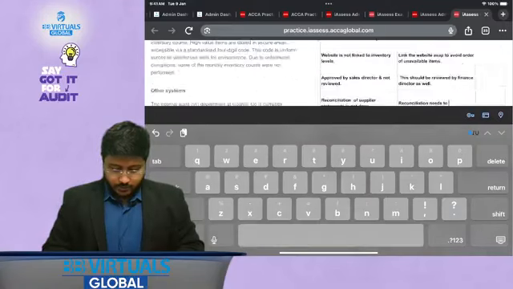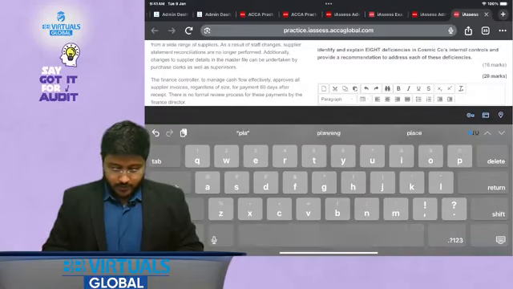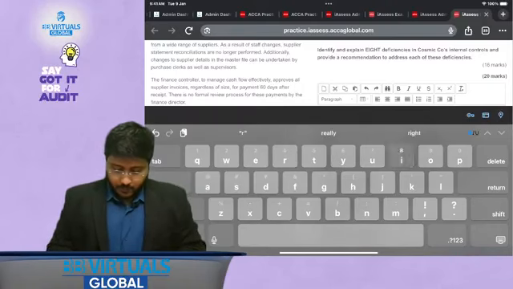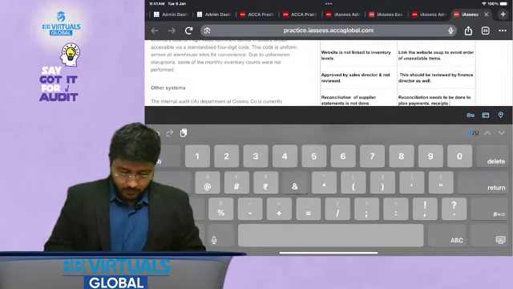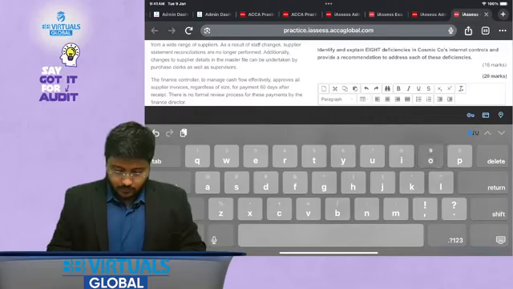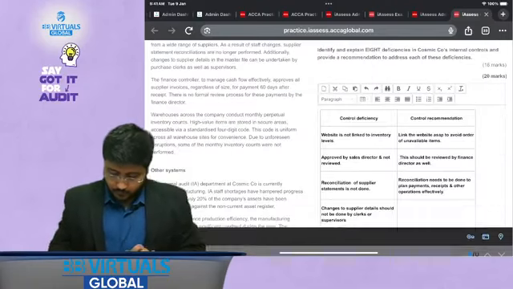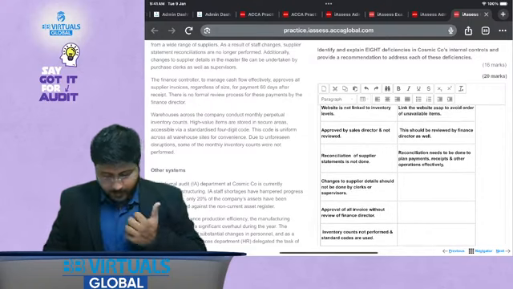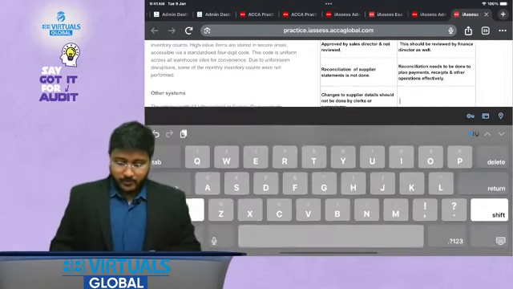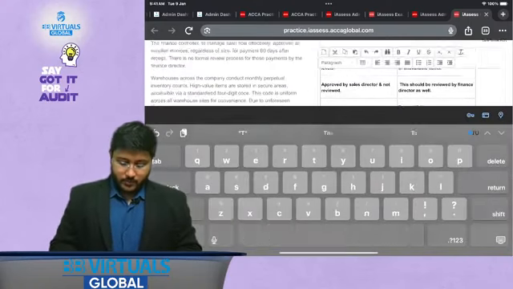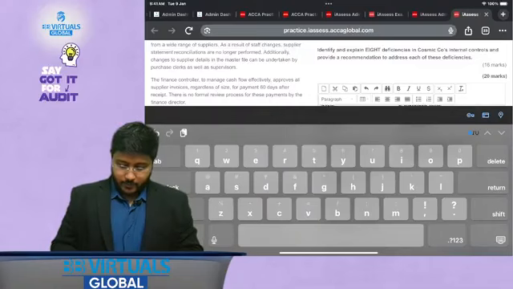Reconciliation needs to be done to plan payments, receipts and other operations effectively. Changes to supplier details should be done by clerks to avoid fraud.